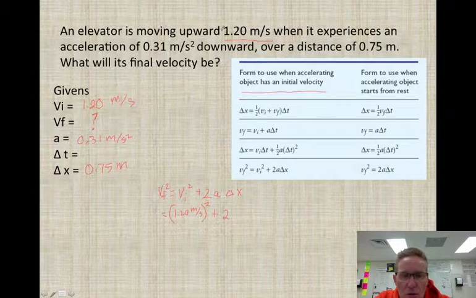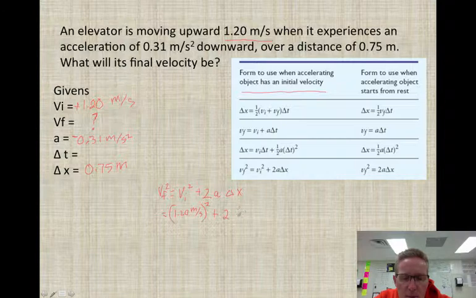So I'll put a positive here, and I should have done that when I was doing my givens. And then our acceleration is downward, so it will be negative. That will be important because the elevator is moving up and the acceleration is going down, so that's slowing the elevator down. So we should get a smaller final velocity than our initial velocity.